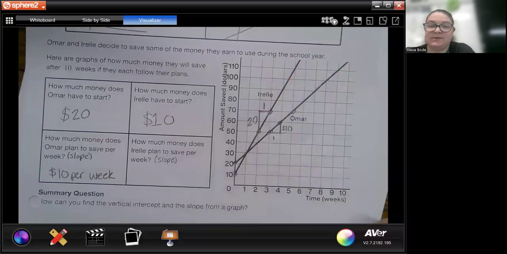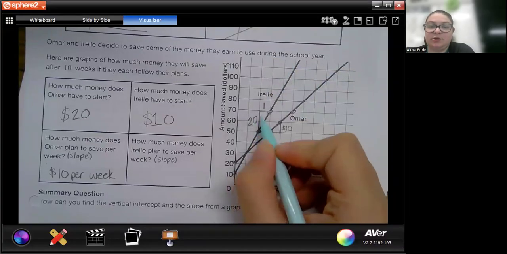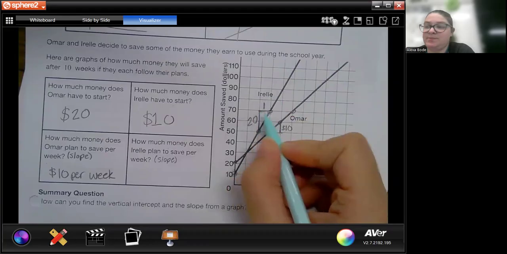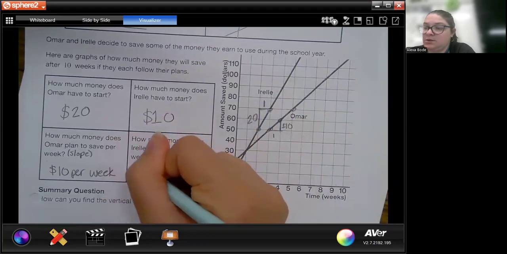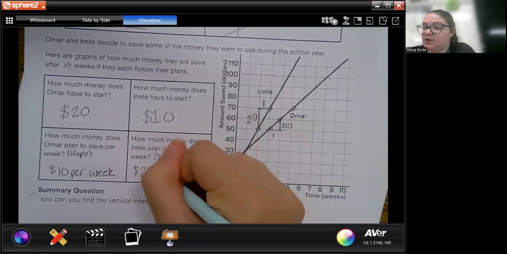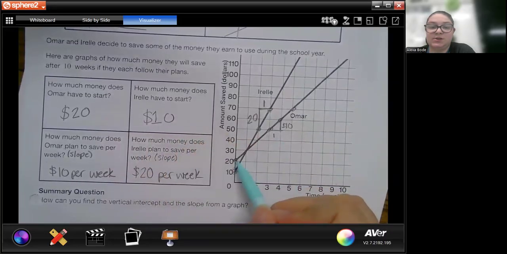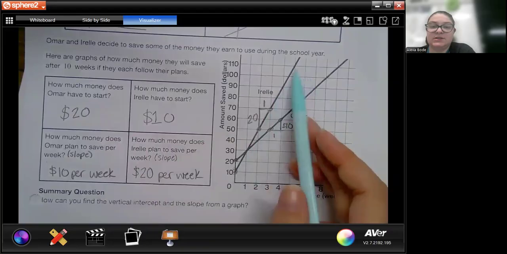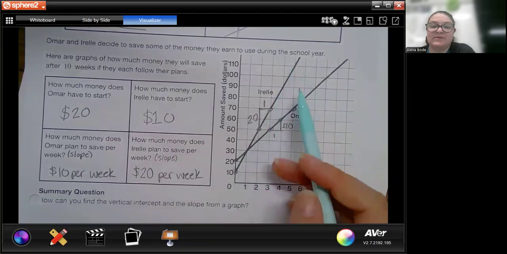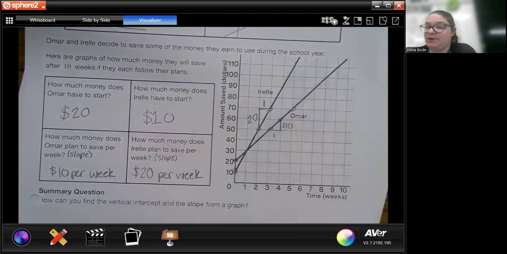So that is 1 week difference. So the slope here is $20 per week. So Irel's planning on saving $20 per week. So Omar starts with more money, but because he's planning on saving less per week, Irel starts having more money saved than Omar by the end of the 10-week period.